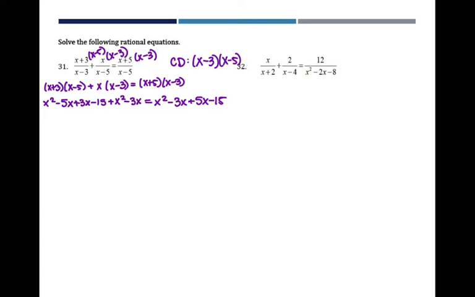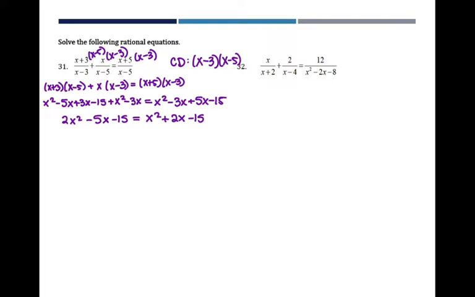Combining like terms, let's see, x squared plus x squared is 2x squared. Let's see, negative 5x plus 3x is negative 2x, minus 3x is negative 5x, minus 15. equals x squared minus, just kidding, plus 2x minus 15.